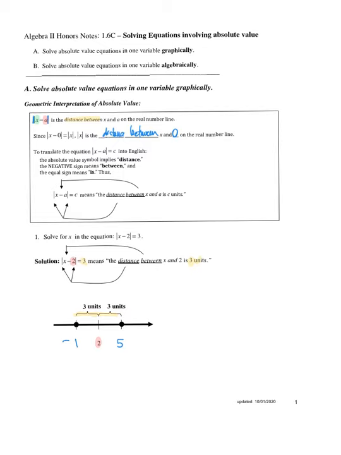So let's go ahead and check this. We can actually check this in the original absolute value equation. So I have two values of x that are 3 units away from 2. So I'm going to substitute those in, and I'm going to have the absolute value of -1 minus 2. Is that 3? That's the question.